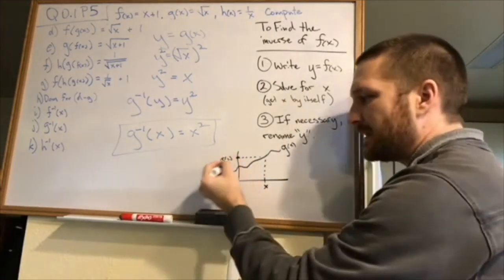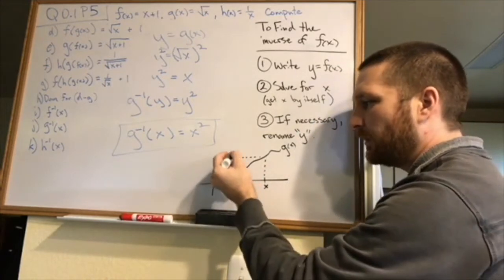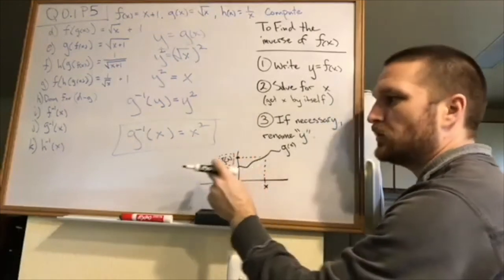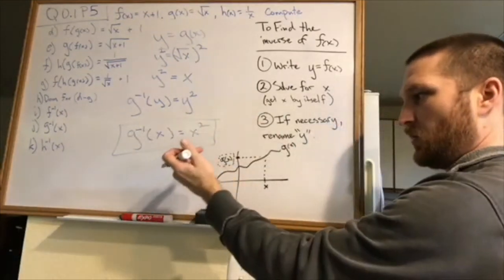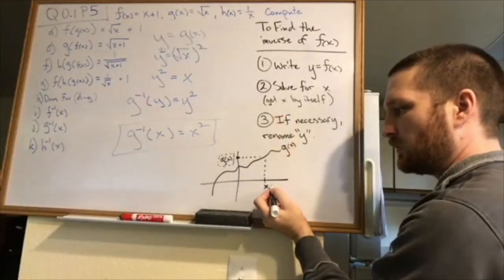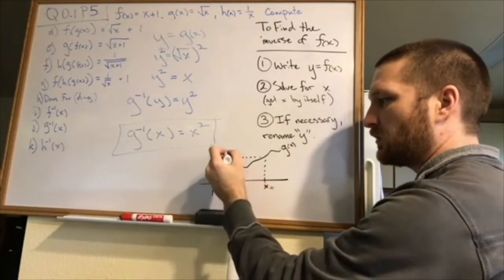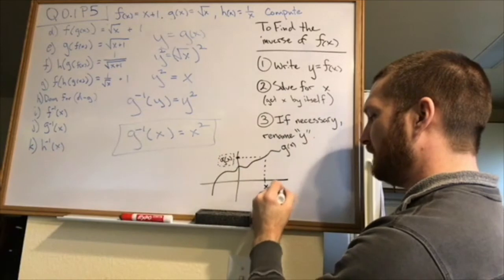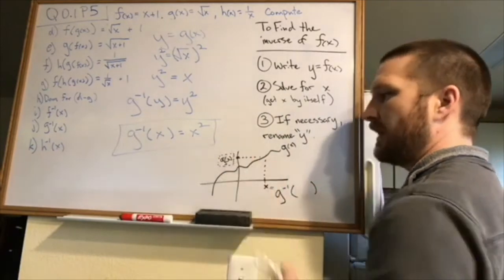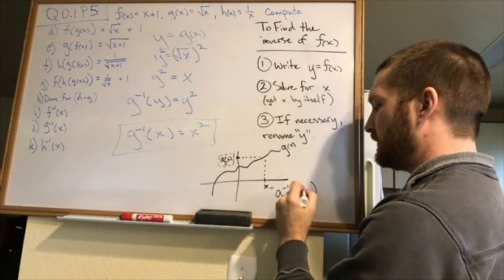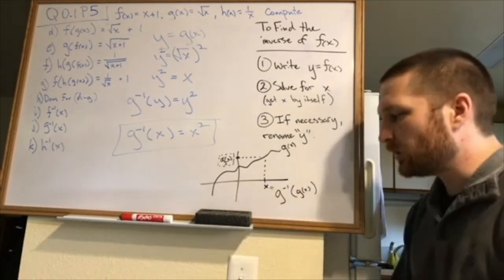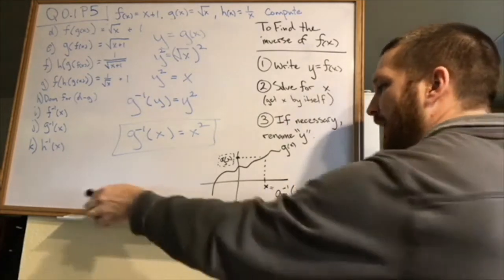Now, if you take that and pull it back, if you plug that value into the inverse, what we should get is right back to where we started. So we're going to take that value, plug it into here, and we get g inverse of that value. G inverse of g of x should come back to where we started. That should equal x. So let's do that.